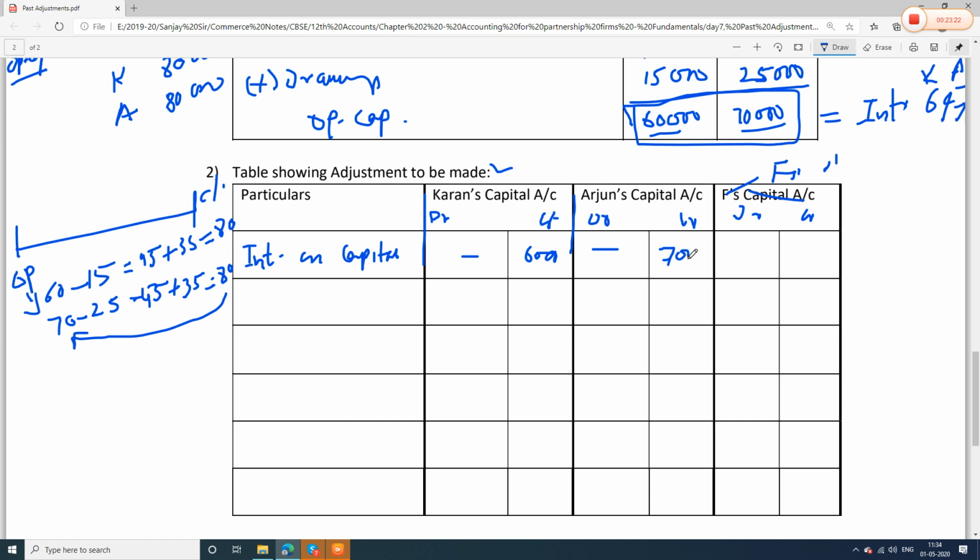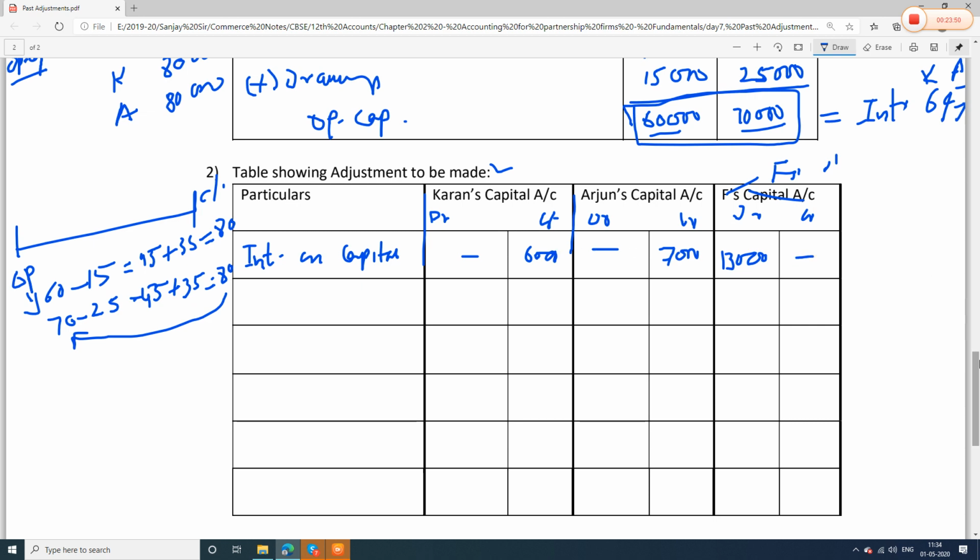When Karan gets 6,000 it will be credited to his account, and when Arjun gets 7,000 it will be credited. But who is paying them interest? The firm is paying. So when their capital accounts are credited, the firm's account will be debited. 6 plus 7, 13,000 rupees, so we will debit the firm with 13,000 rupees.